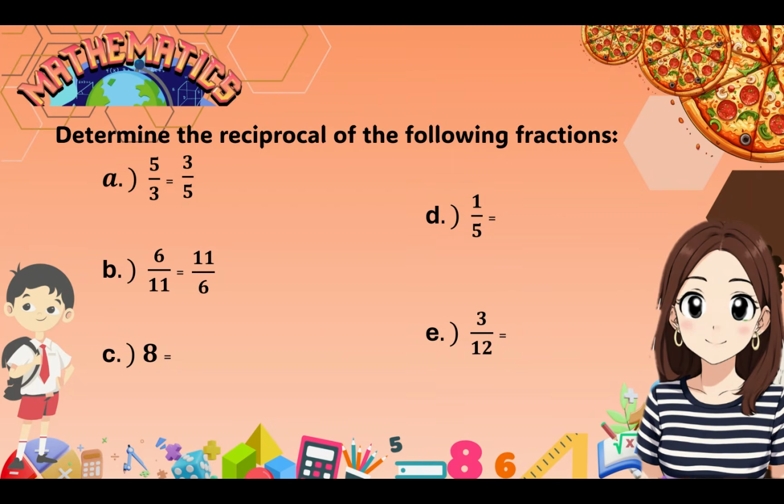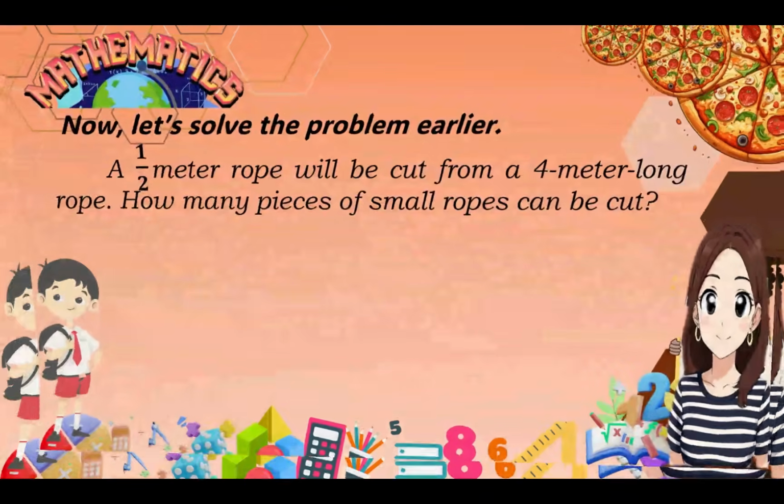So 8/1, the reciprocal is 1/8. Now letter D, 1/5, its reciprocal is 5/1. And letter E, 3/12, has a reciprocal 12/3.